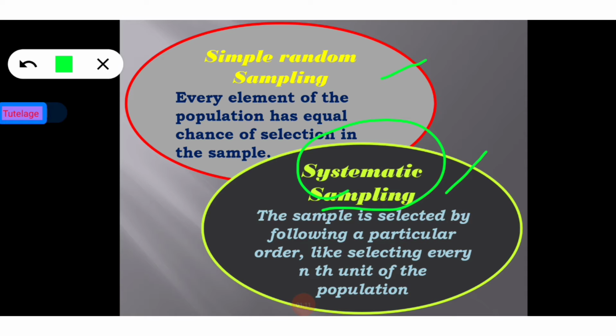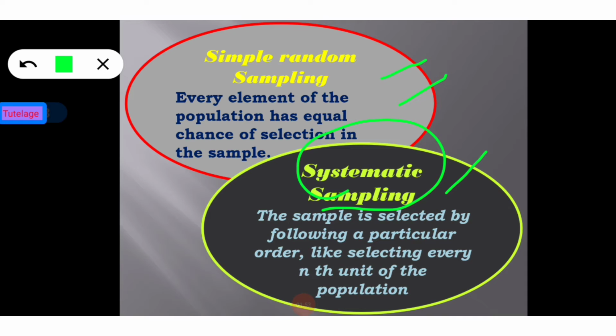So that's why simple random sampling is a type of probability sampling in which the researcher randomly selects a subset of participants from a population. Basically, in this type of probability sampling, the researcher randomly selects a subset or the sample size from the whole population, and each and every unit of the sample has an equal chance of selection.